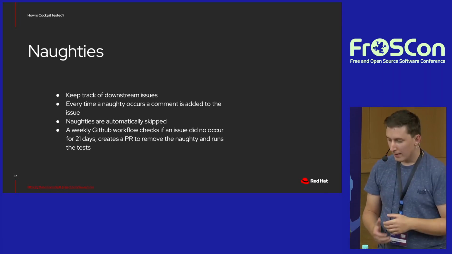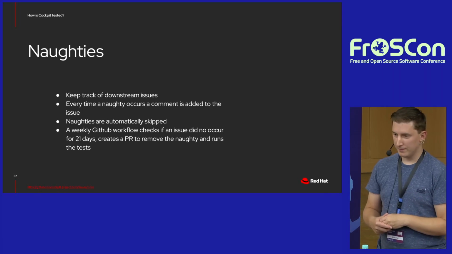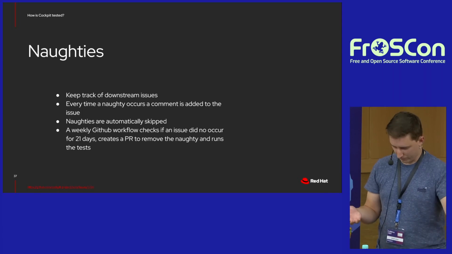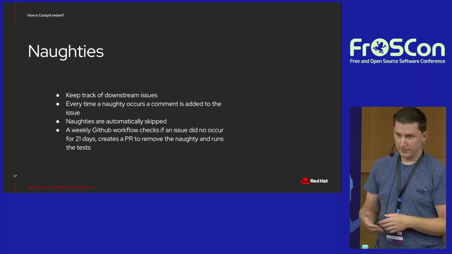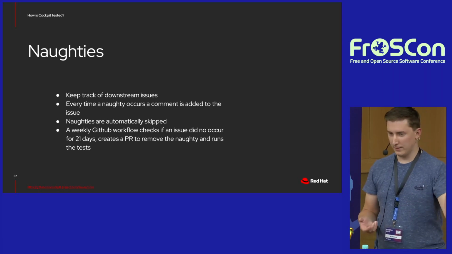Every time the test runs in CI, it will run the test, and if it fails, it's like, oh, but I know this is a known issue, so I'll skip it. And if it succeeds, it will not. So if it fails, it will update the issue.